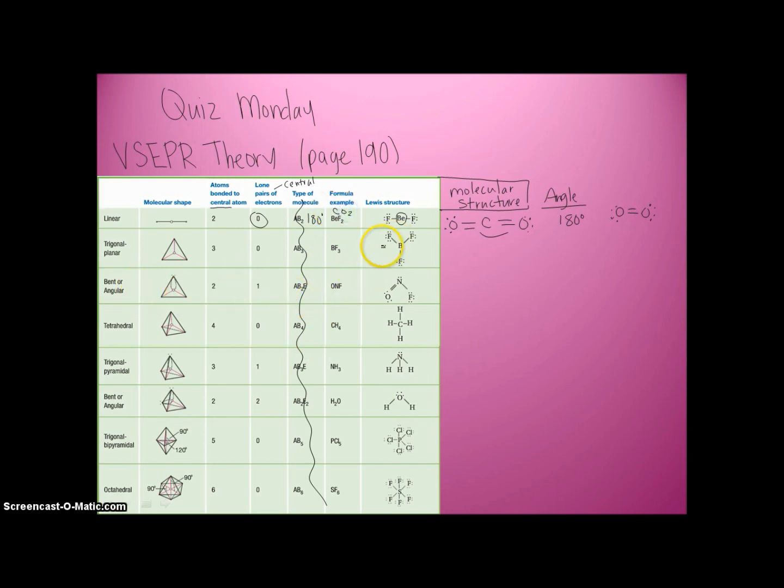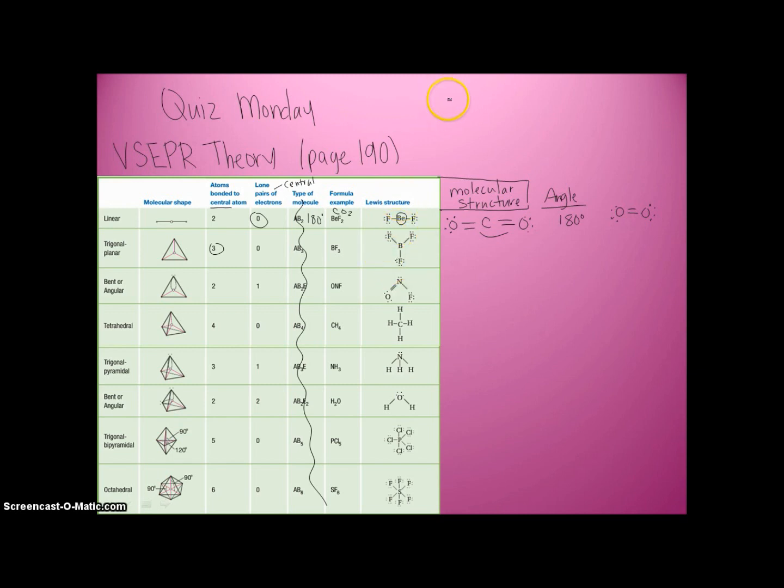Alright, trigonal planar. This one's also flat, so I'm not going to redraw it because it's the same as that one. There are going to be 3 atoms bonded to the central atom, so whenever there are 4 total atoms, 1 central and 3 terminal atoms.